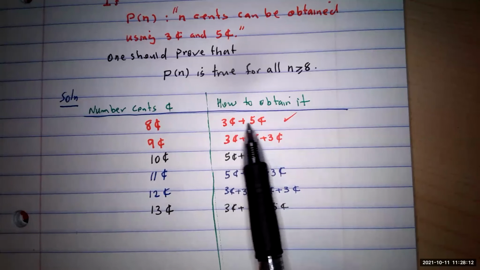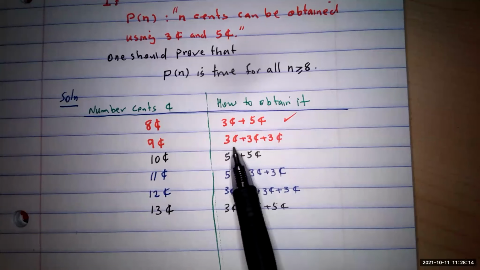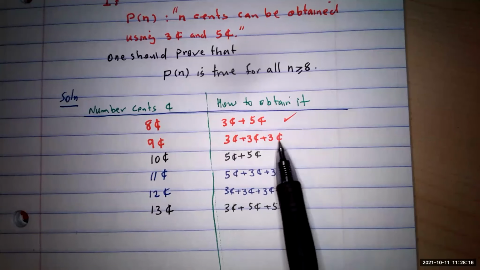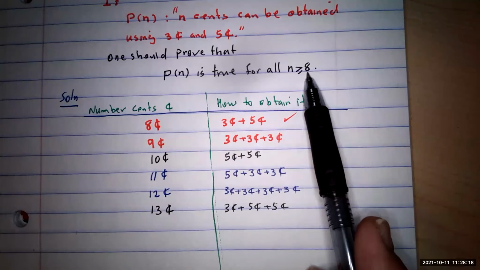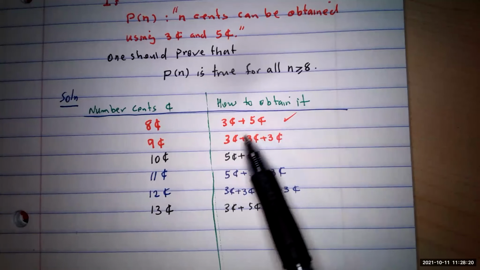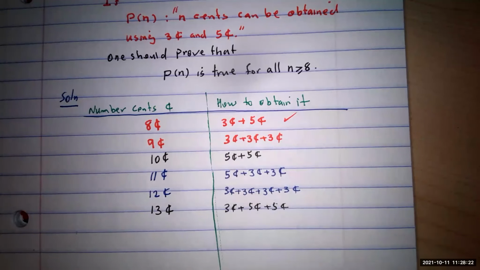If you don't have any 5, you must have at least 3 threes because you start with at least 8 cents here. So with those 3 threes, you can add the 1, make it 10. That gives you an idea to do it for any number that's given to us.